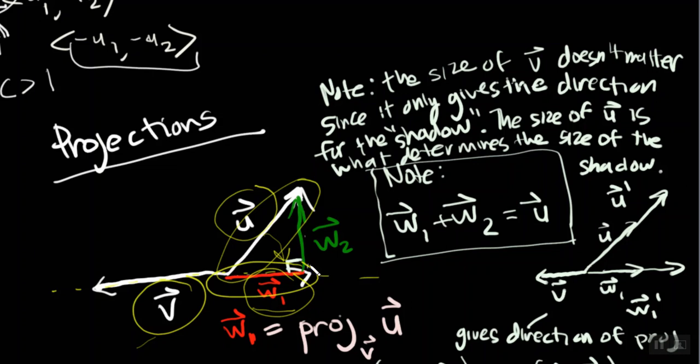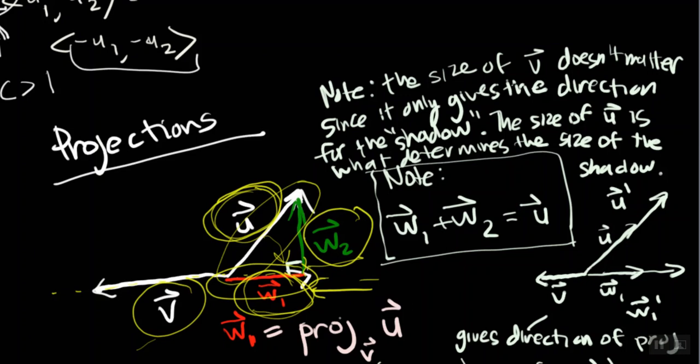And W2 will simply be that final vector that connects the vector forming the shadow and the shadow itself. So we don't really focus on this vector. We care more about this shadow vector, as I'd like to call it. And as you can see in this image, the vector W1 plus the vector W2 will give you the vector u. And that's something cool that you could use just in case you need to solve for W2.